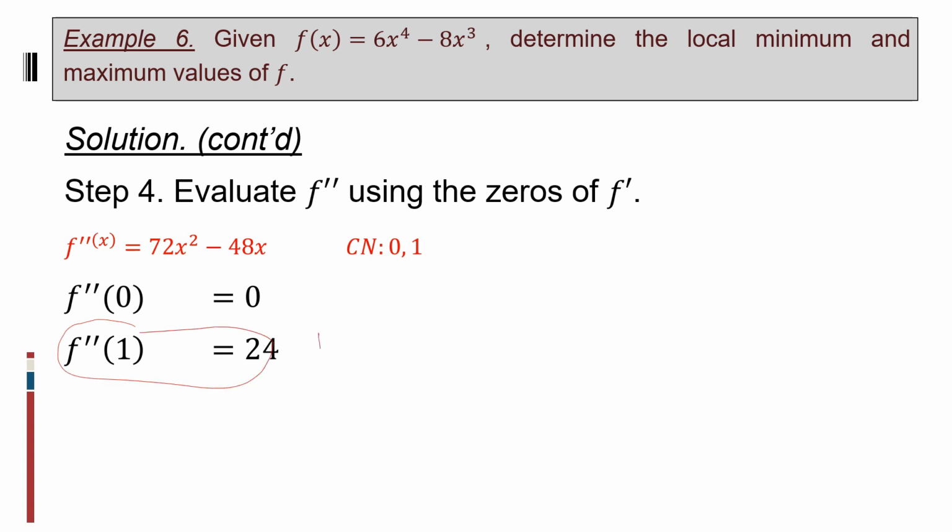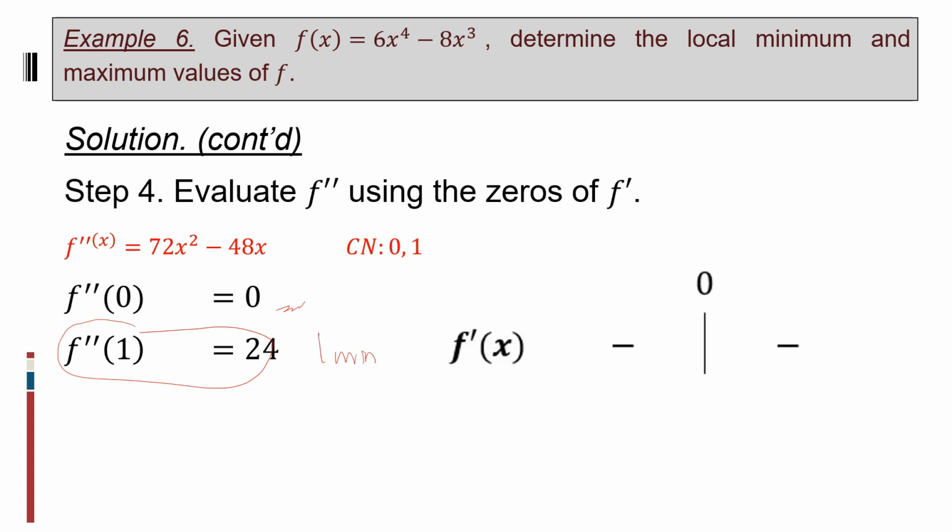So, meron tayong local minimum dito kasi f double prime of x is greater than 0. However, for this case, hindi natin masasabi kung local minimum ba siya or local maximum kasi f double prime is equal to 0. We only have positive and negative values.